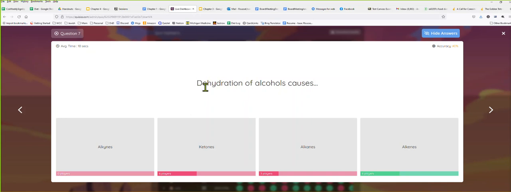So you're going to take an OH group off and you're going to take a hydrogen off. That's your H2O. And so you'll get that double bond forming and you'll be back to an alkene again. Any questions there?